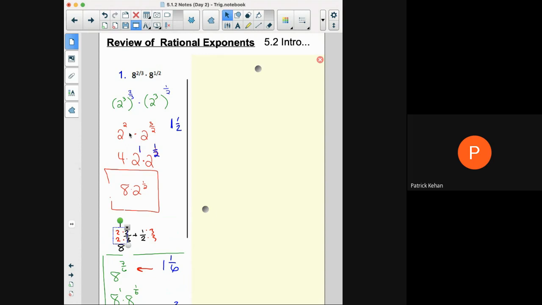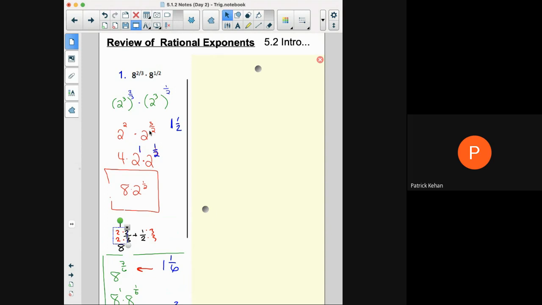All right, so in this case, 2 squared is nice because we want to convert it to 4, which we did. But when you're simplifying and working with these exponents, it's not acceptable to leave an improper fraction. That's where the numerator is larger than the denominator. It's not acceptable to leave an improper fraction as an exponent.